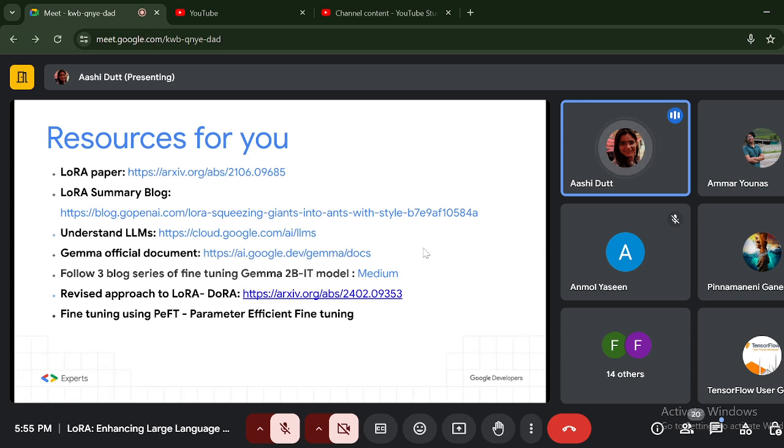So yeah, that's all. Just take a screenshot of the resources, and you can go ahead and try them out yourself. Do read the LoRA paper, and it's very much recommended that you understand the transformers paper first. There is one video by Andrej Karpathy on YouTube around transformers.